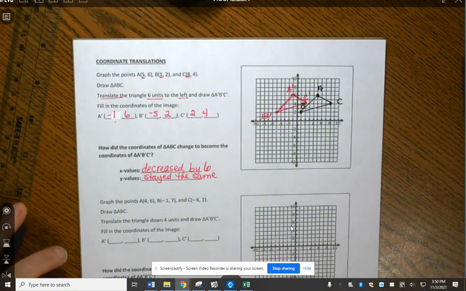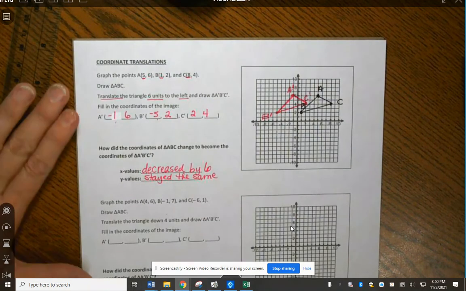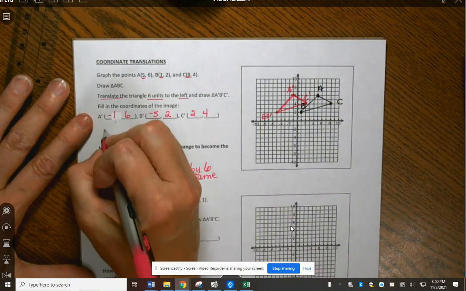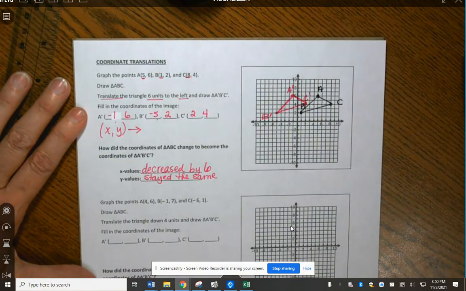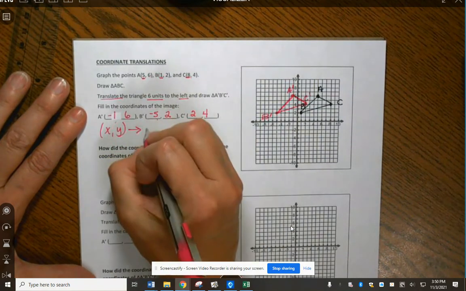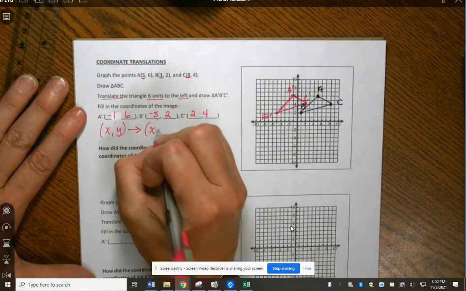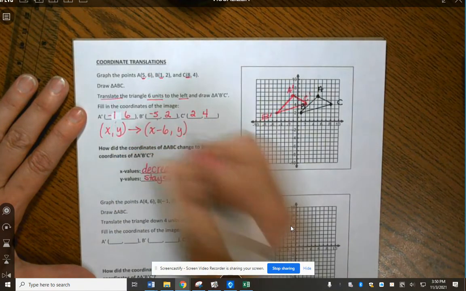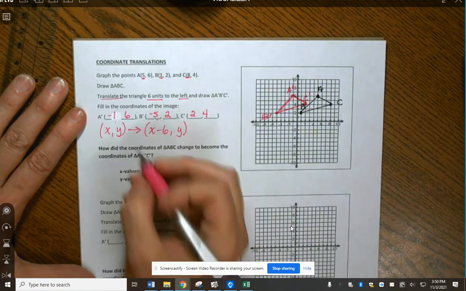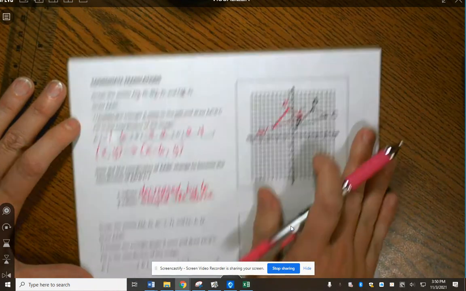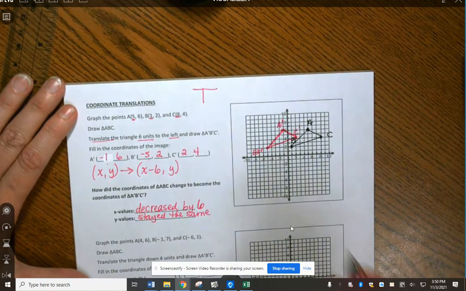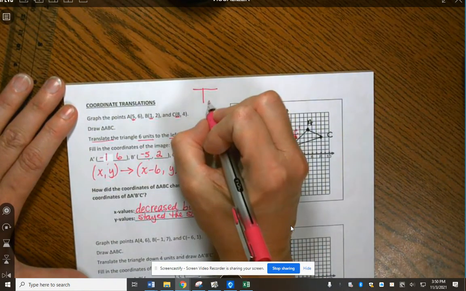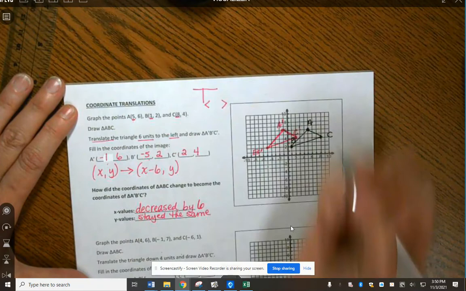So if I were going to write this, a couple of ways I can write this in function notation. I could say the original x, y goes to, that's what the arrow's indicating, it goes to x minus 6 and y, because the y stayed the same. Or with a translation, you can do a capital T, and then subscript component form.